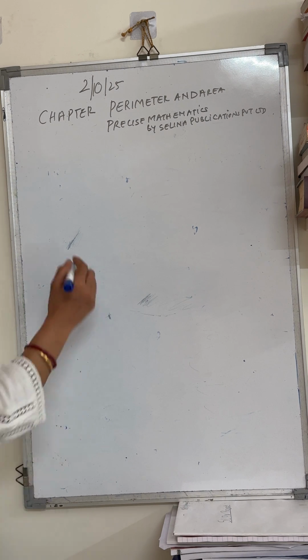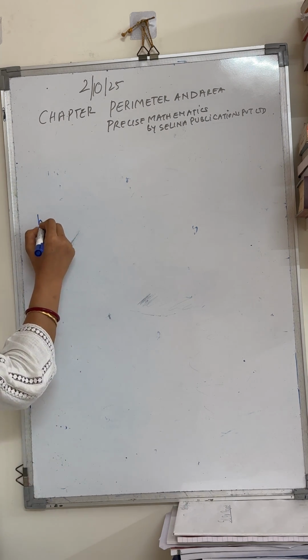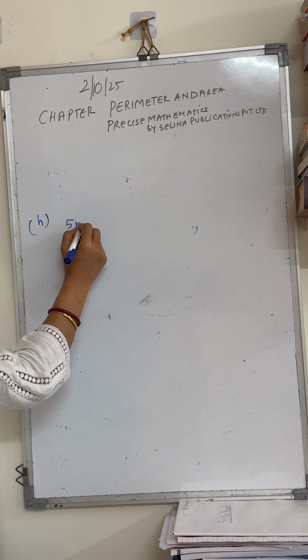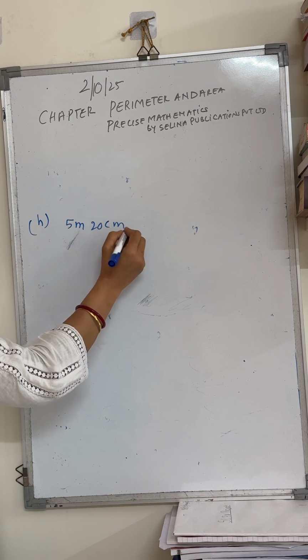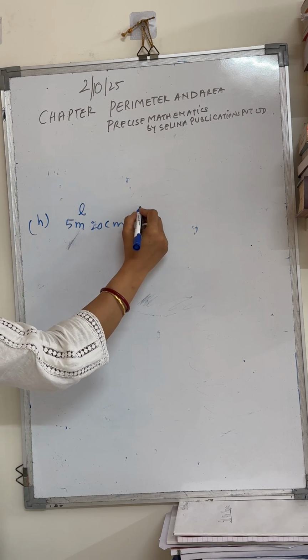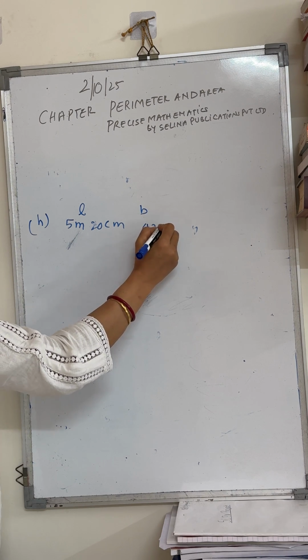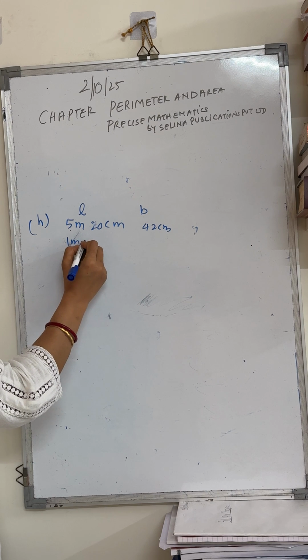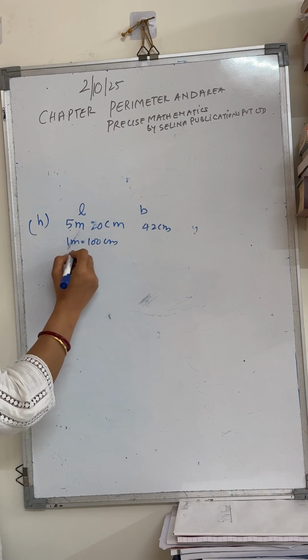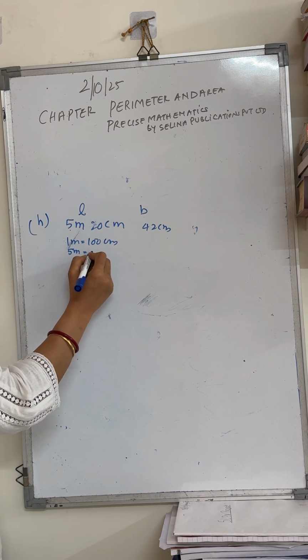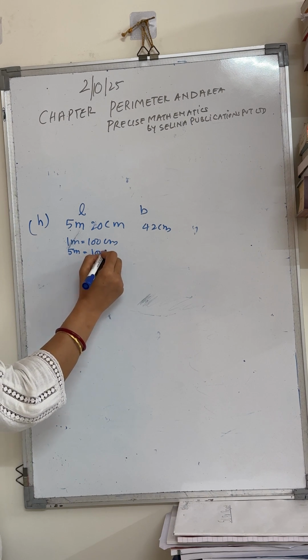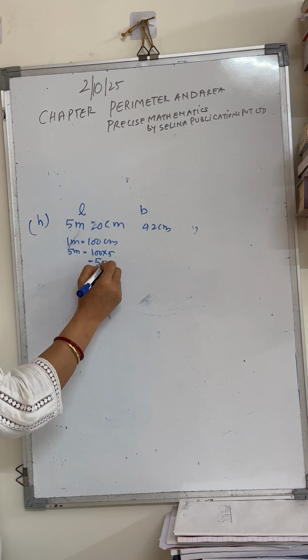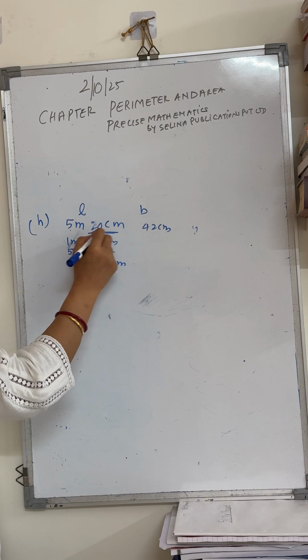I'll do one more for you, that is H: 5 meter 20 centimeter is the length and breadth is 42 centimeter. So let's see, if 1 meter is equal to 100 centimeter, how much will be the 5 meter? That will be 100 into 5. That makes 500 centimeter. And don't forget this, because together the length is this.